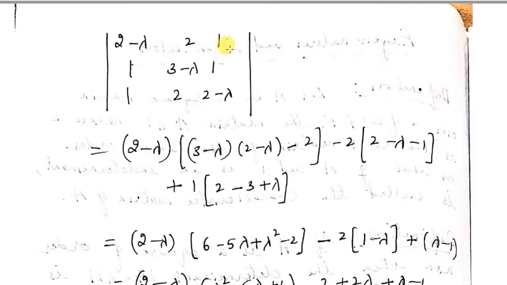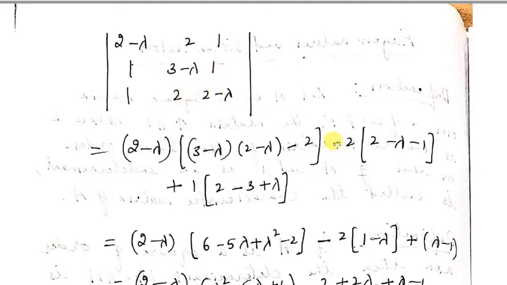Okay, so let us expand this determinant as we know. Here we follow the signs plus, minus, plus. Then the first element, 2 minus lambda, times the determinant of a 2 cross 2 minor matrix, which is 3 minus lambda, 1, 2, 2 minus lambda.